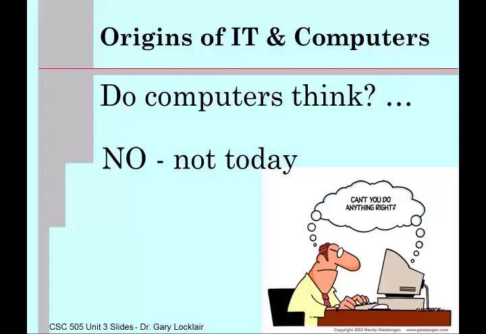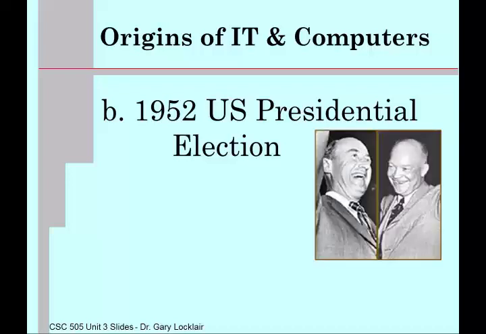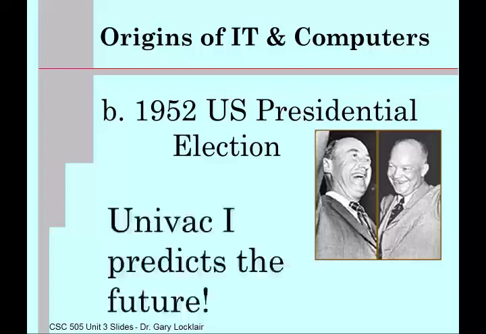So tuck this away. We're talking about the era of the 1950s. That's a long, long time ago, right? 65 years ago. And couple that with something else that happened, at least in the United States. In 1952, there was a presidential election. You don't have to remember, the two candidates were Adlai Stevenson and Dwight David Eisenhower. But something happened on this November evening in 1952.